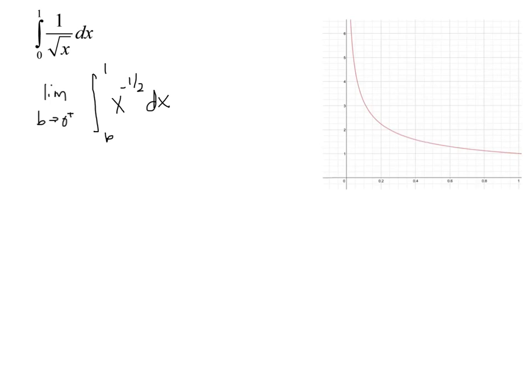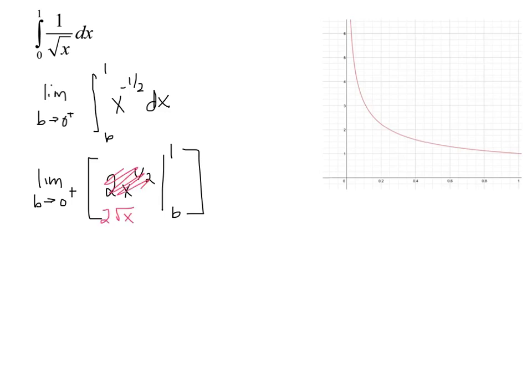Well, the antiderivative: we raise the power to x to the 1/2, divide by the new power, so just 1/2, which is multiplying by 2. We're going to evaluate at 1 and b, and we're still taking the limit as b approaches 0 from the positive side. This is just 2 square roots of x.